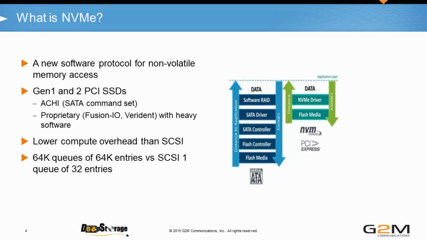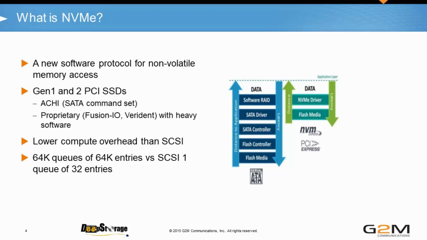Because NVMe is specifically designed to talk to flash or to other non-volatile memory and not to the universal set of peripherals that SCSI was originally designed for, it's a much cleaner software interface. There are much fewer CPU cycles involved in getting a block of data into and out of an NVMe SSD than a SAS or SATA SSD.